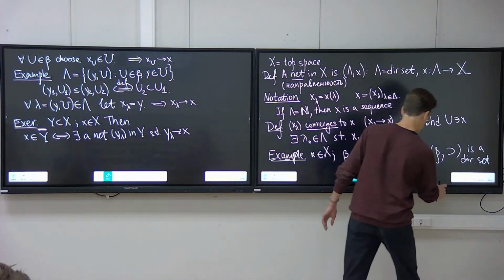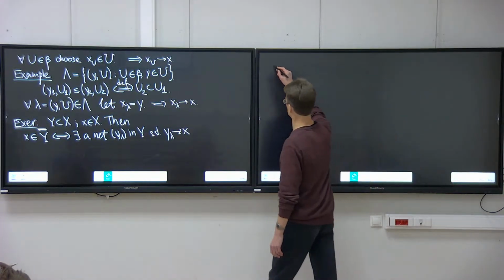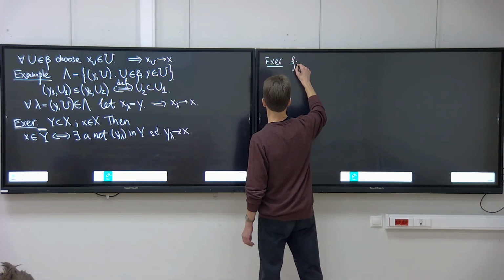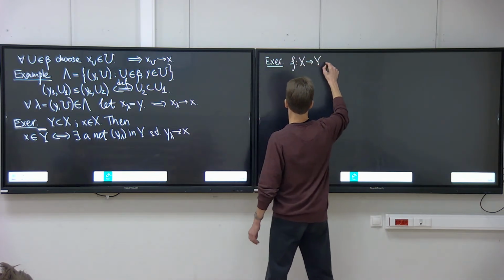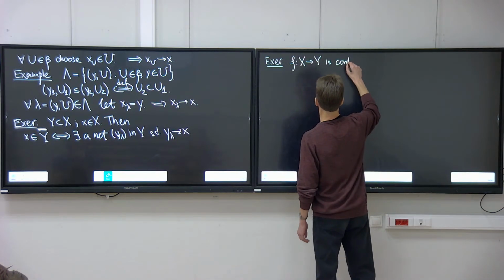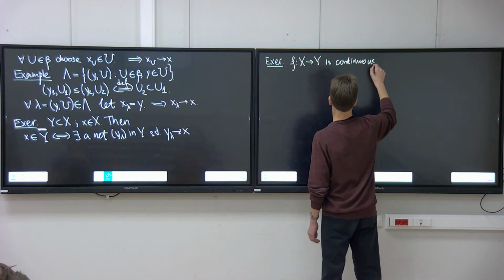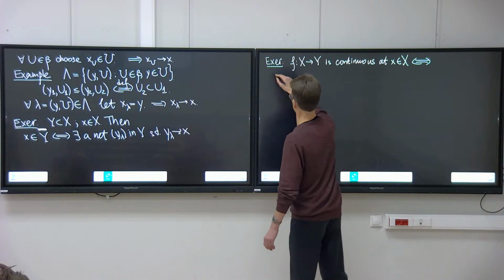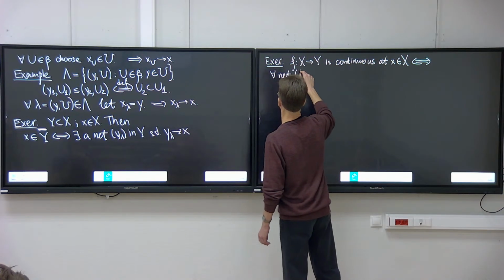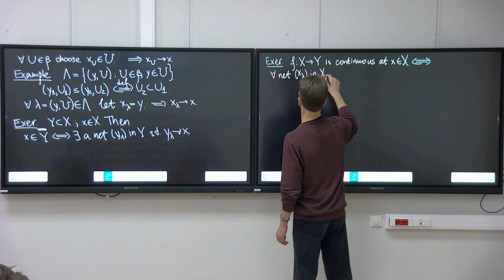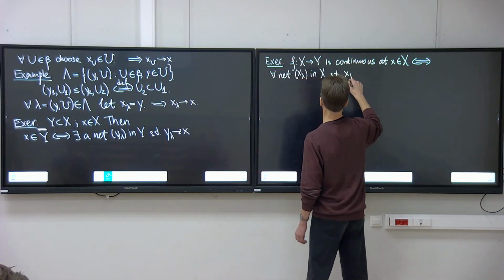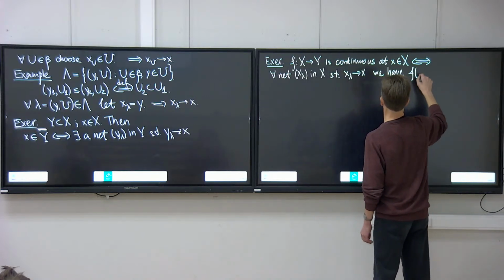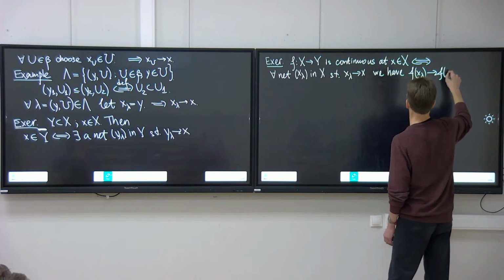Another example of the same phenomenon is the following criterion of continuity. Here we have a map f between two topological spaces, X and Y. This map is continuous at some point x if and only if for every net x_lambda in X such that x_lambda converges to x, we have the following convergence of f(x_lambda) to f(x).